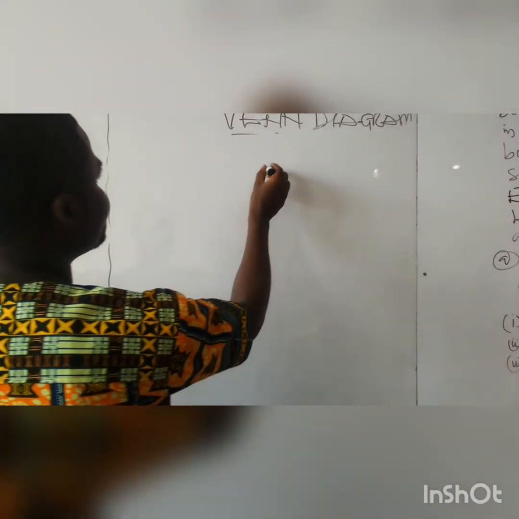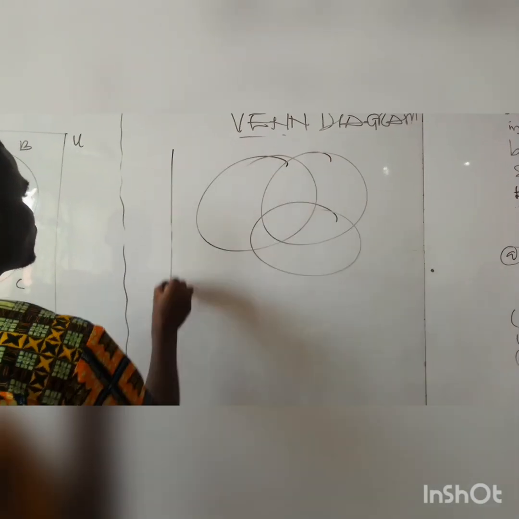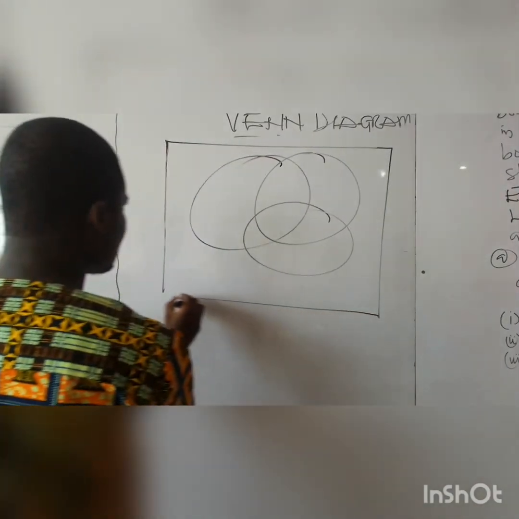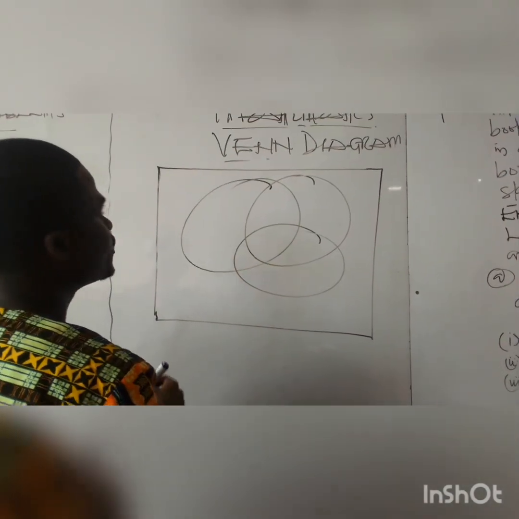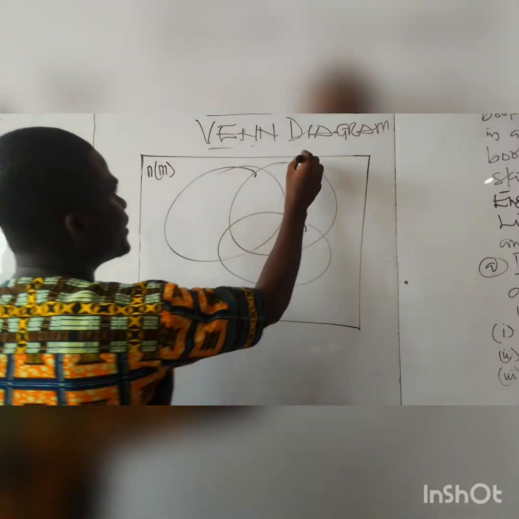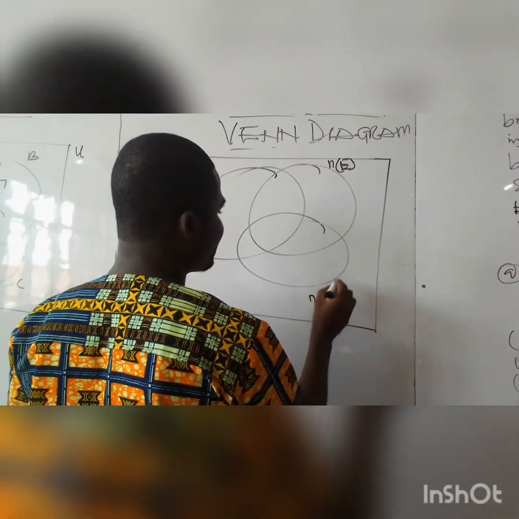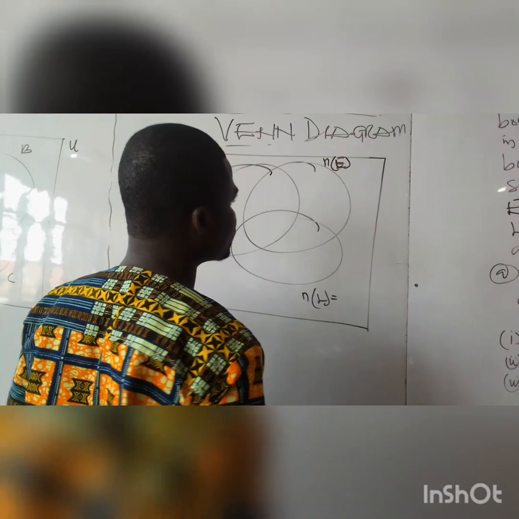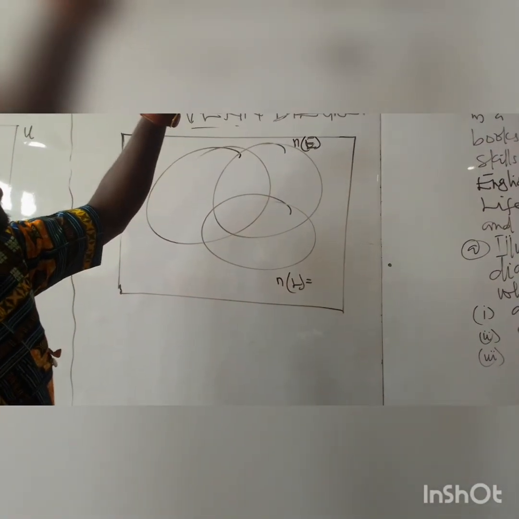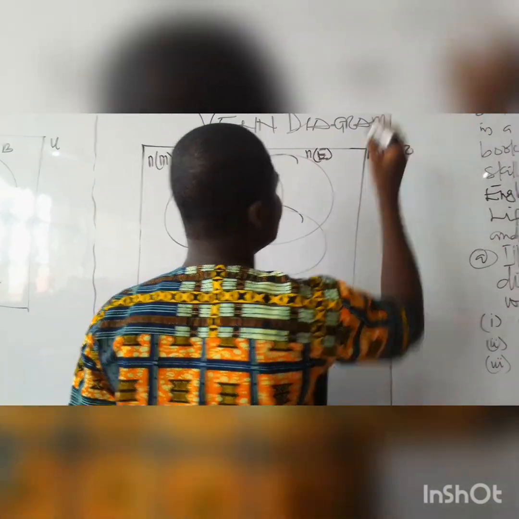So, we have number of mathematics, number of English, then number of life skills. Now, when you read, the question says 50 students. So, number of universal set, 50.